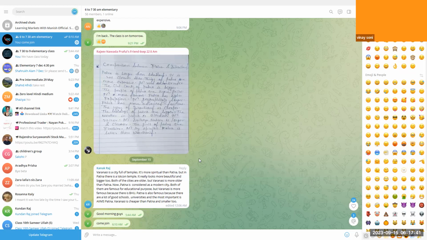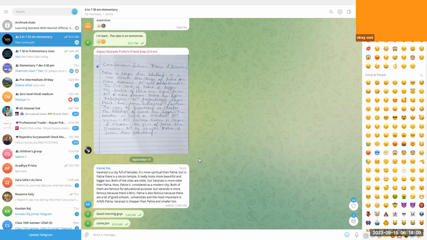This sentence means that the ISKCON temple in Patna looks bigger and more beautiful than the temples in Varanasi? Because she said Varanasi is a city full of temples. It's more spiritual than Patna. But in Patna, there is an ISKCON temple. It really looks more beautiful and bigger too.